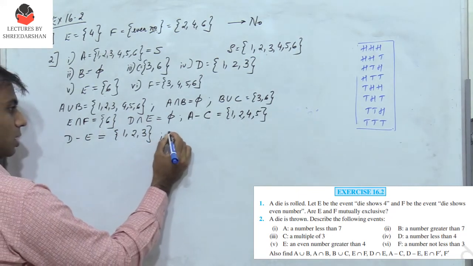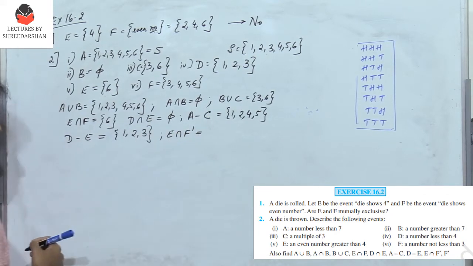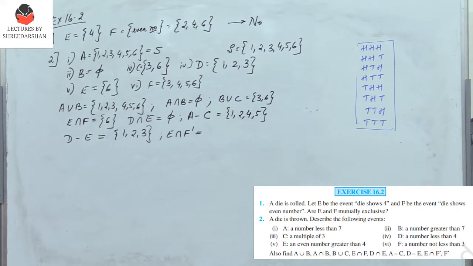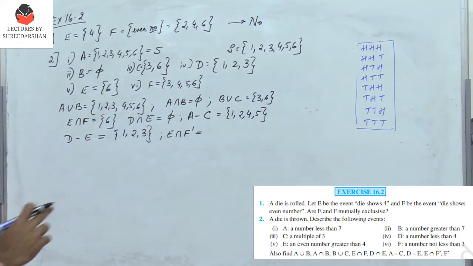Next, E intersection F complement, or F dash. What is E intersection F dash? Now we find that F is 3, 4, 5, 6. What is F dash?